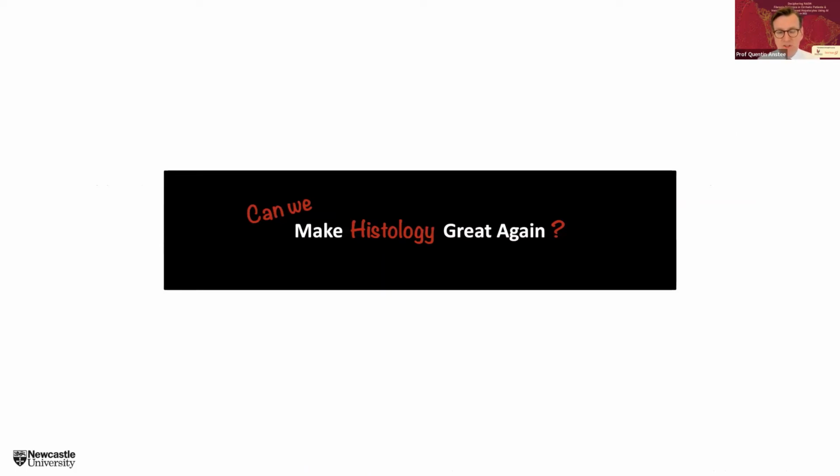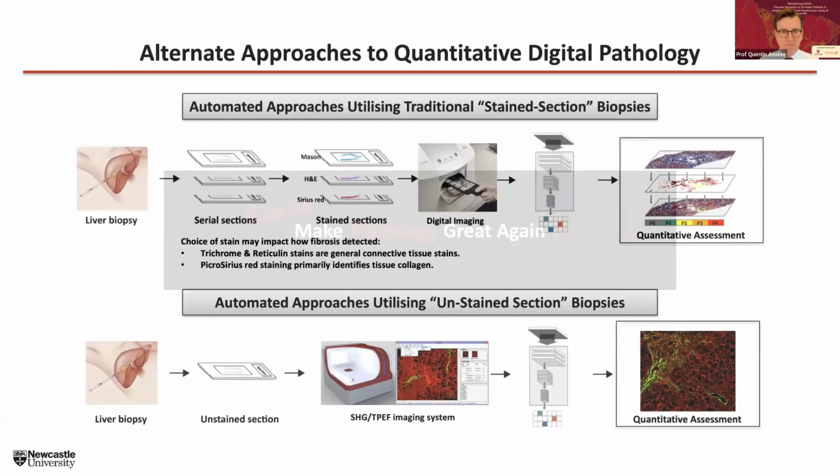So this begs the question, can we make histology great again? Is there something more that we can be doing to standardize the reading and the interpretation? A number of different approaches have been proposed to use artificial intelligence or computer-assisted measures in liver histology.